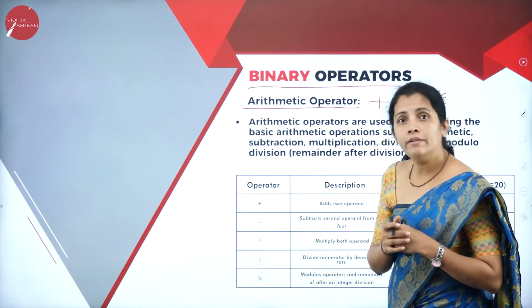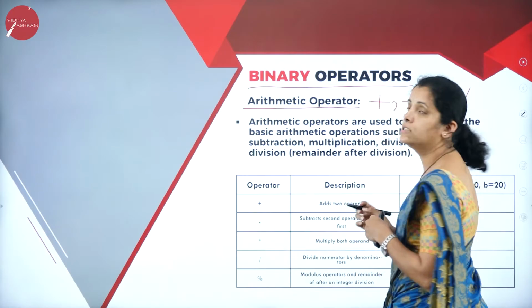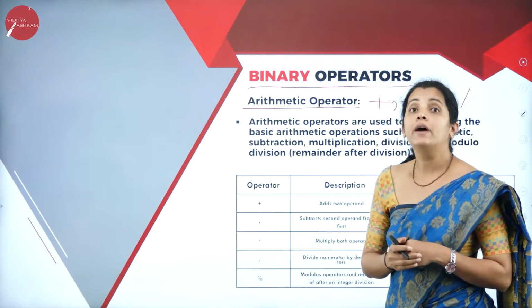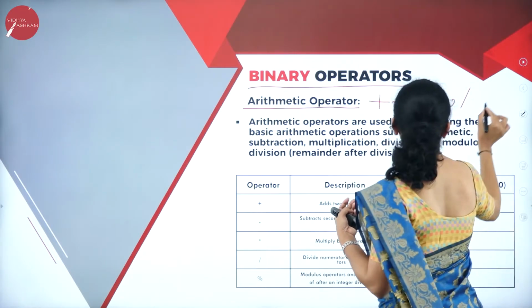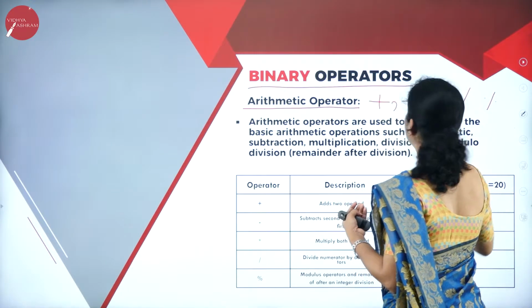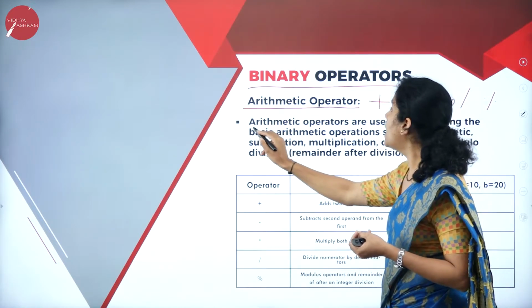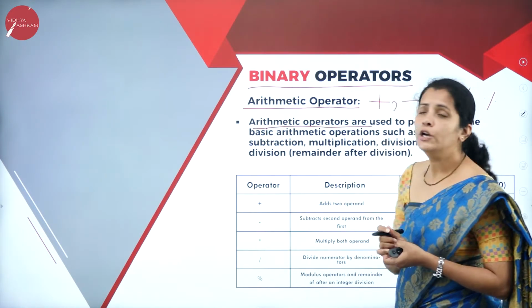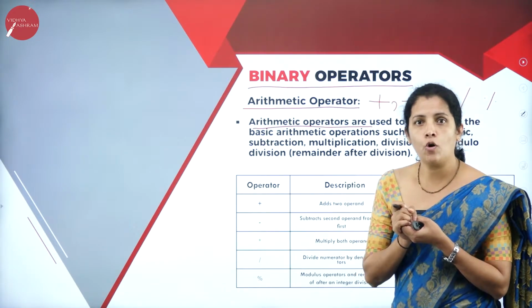If I want to divide the given numbers, then I'm going to have the forward slash. And if I want to find the remainder, then I'm going to have mod, that is nothing but the percentage operator. So here arithmetic operators are used to perform some basic arithmetic operations.